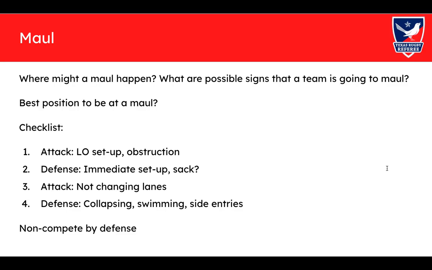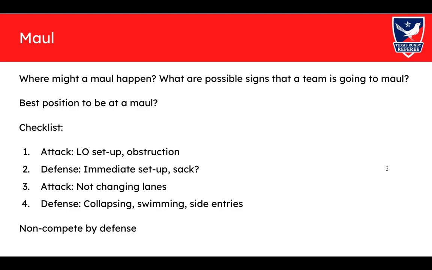Who knows the hill that I would like to die on with a non-compete? Ah, yes. Point two, defense not engaging in the maul. Don't leave the line out. Chris, you're right there. What am I going to say? They always leave the line out.